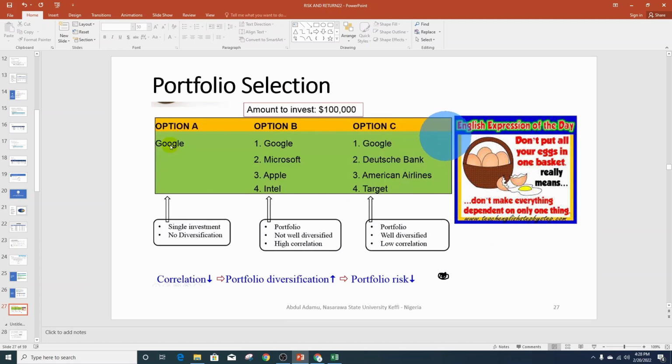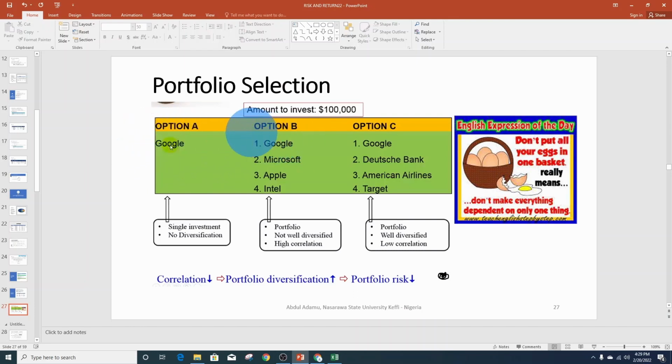Before we do covariance and correlation, let's take a hypothetical example of portfolio selection. Assuming you have $100,000 which you want to invest, you have three options. One, you have an option to invest it in a single stock of Google. So this portfolio is a single investment and there is no diversification.